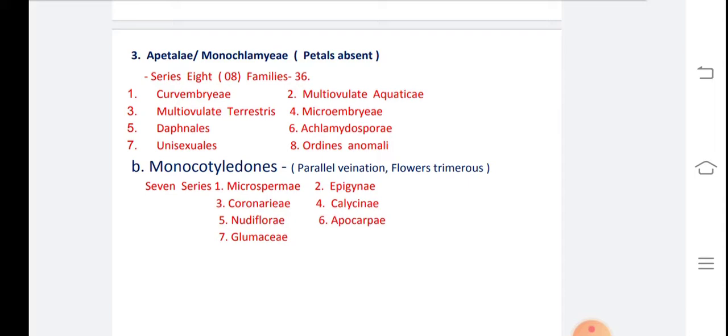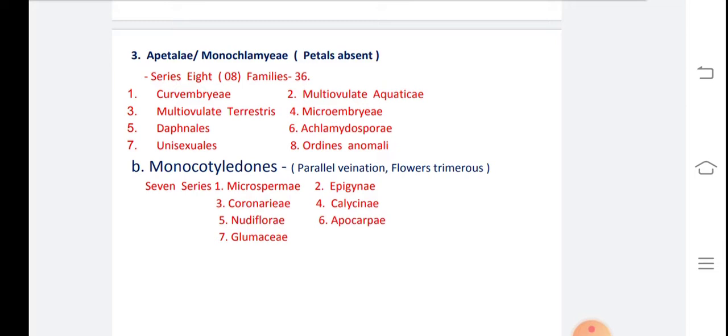Nowadays these names have changed, but when they first gave this system, these names were there. And the last, number 8, Ordines Anomali, its importance is that in this series any plant, suppose in dicotyledon, that is not included in the above classification, all such plants are included here. It is called Ordines Anomali.